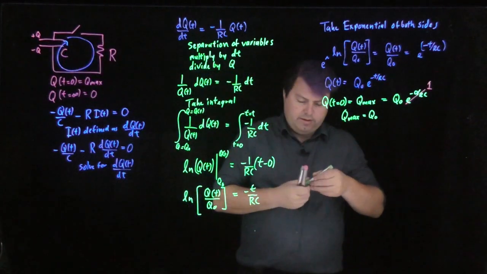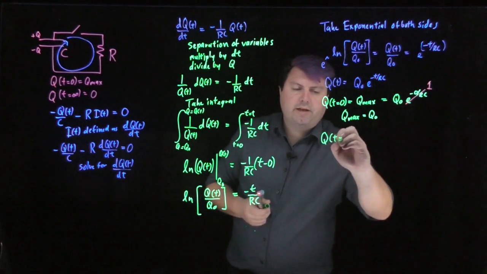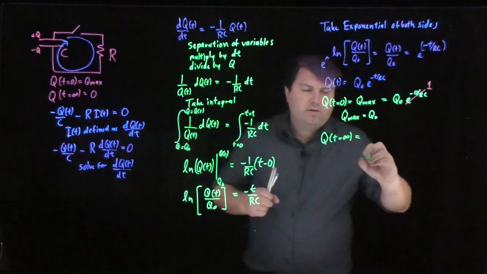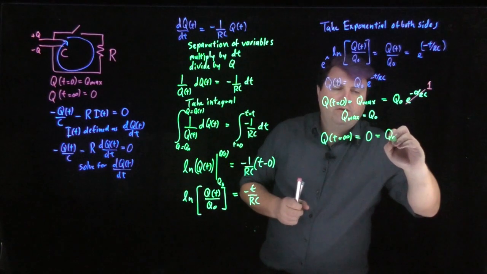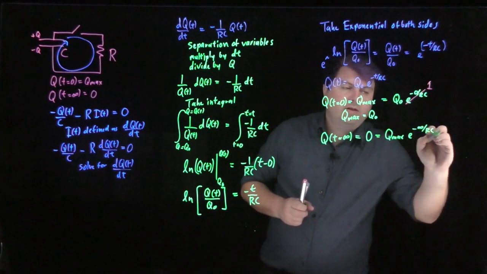And then I can also check and see what charge at time equals infinity will be. Well, I know it's going to be 0. And then I can plug infinity into here, so I have Q max e to the negative infinity over RC.